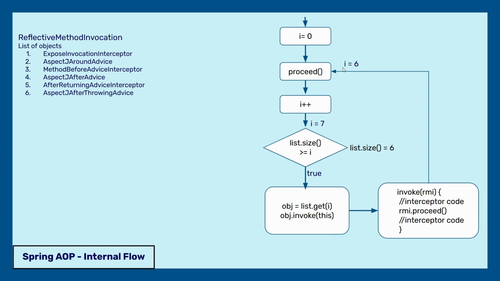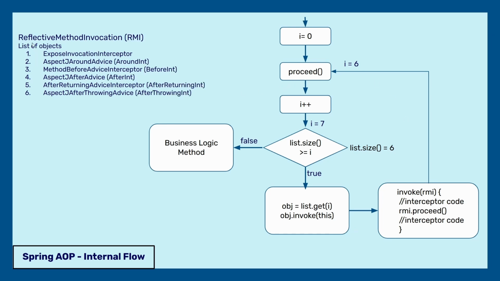Once the index is 6, after execution of this last object's invoke method, the index changes to 7 and hence this condition is going to fail. In that case, the business logic method which we implemented executes. And once this business logic method completes, recursively whatever the methods were there, those will be completed because we are recursively calling the proceed method.